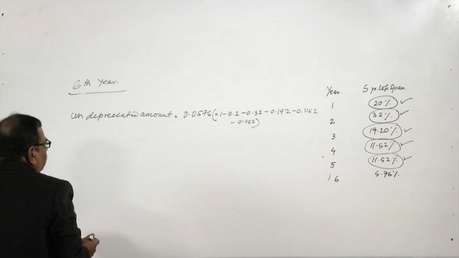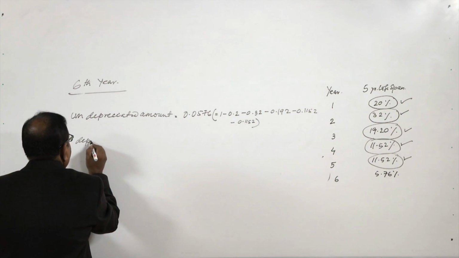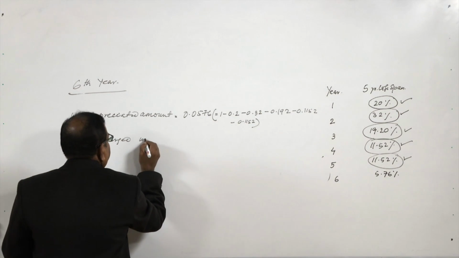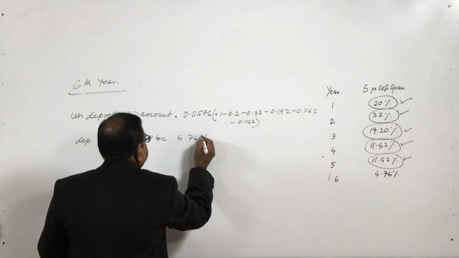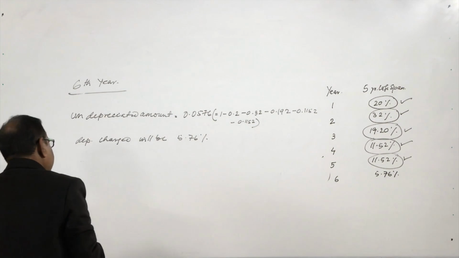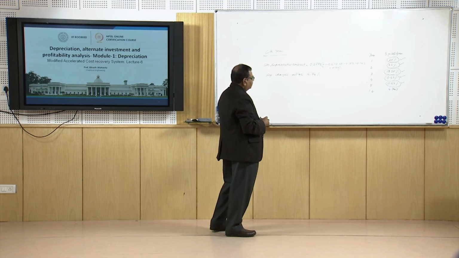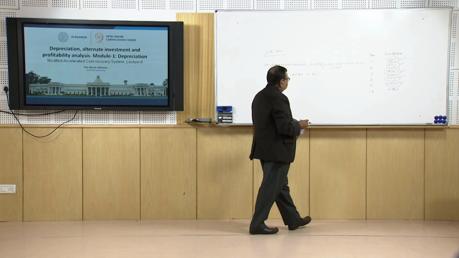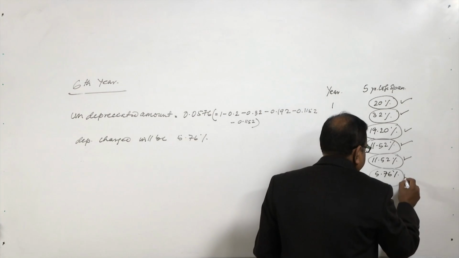So, the depreciation charge will be 5.76%, because whatever left out amount has to be charged in the 6th year, and this is 5.76%. This is explained.